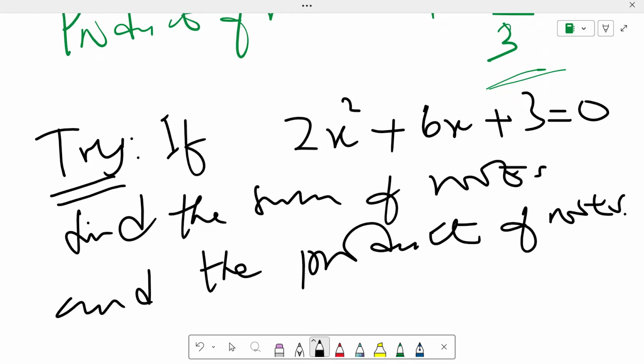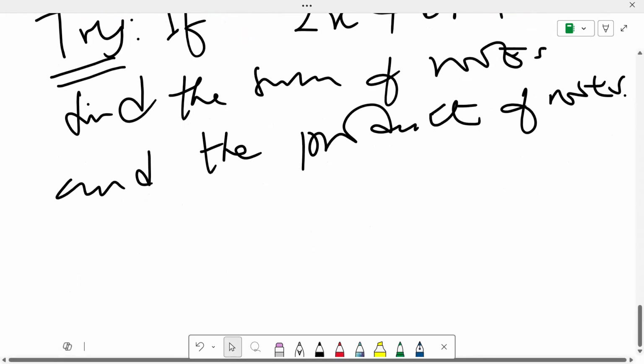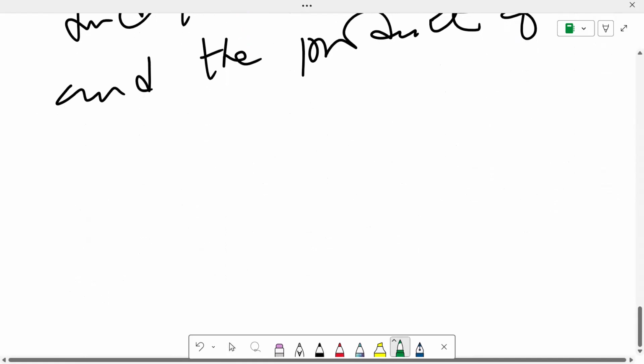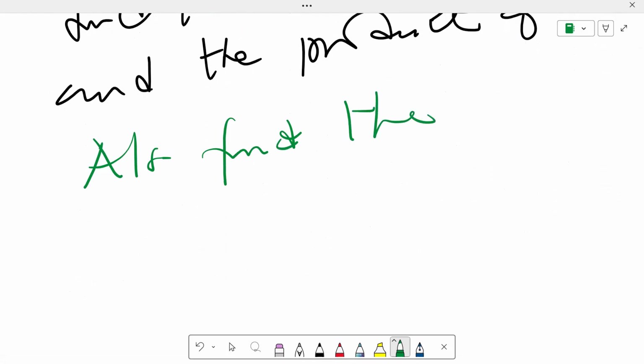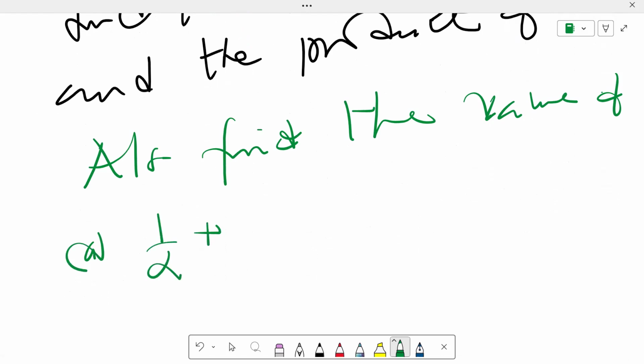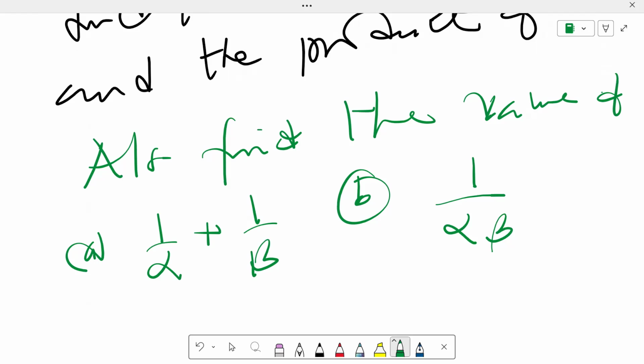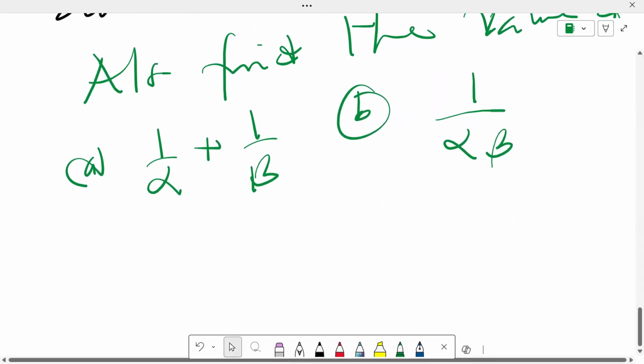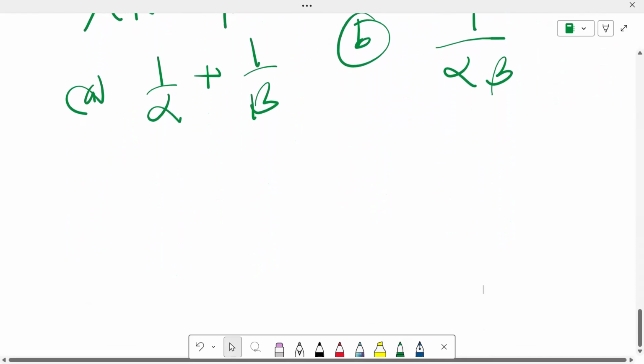And then also find the value of 1 on alpha, 1 on beta, and then c.